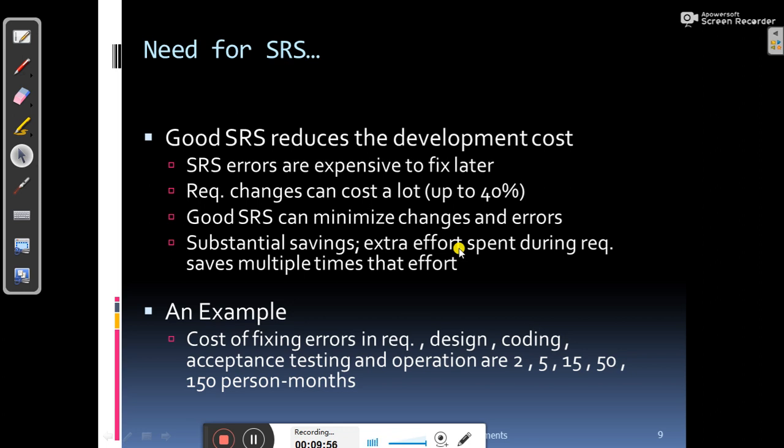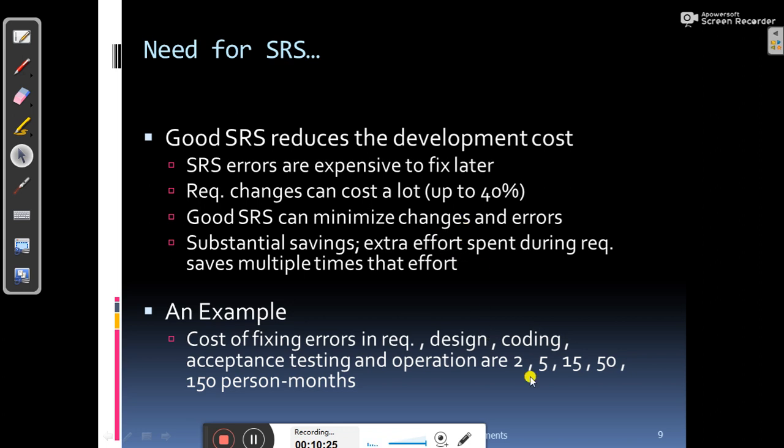Good SRS can minimize changes and errors. Obviously, a good SRS will provide you a clear path, and in that way it will minimize the changes and the errors. Substantial savings: extra effort spent during requirements saves multiple times that effort. That is the need of SRS. An example: the cost of fixing an error in requirement analysis, designing, coding, acceptance testing and operations is 2, 5, 15, 50, 150 person-months.